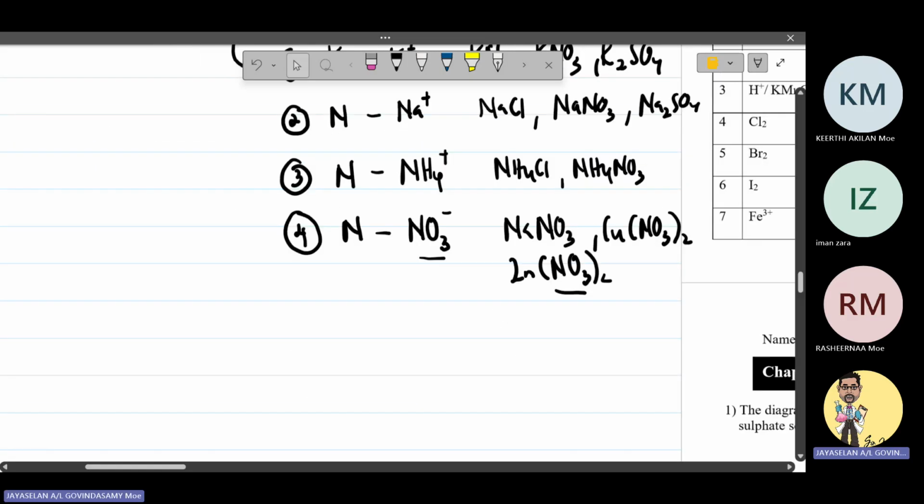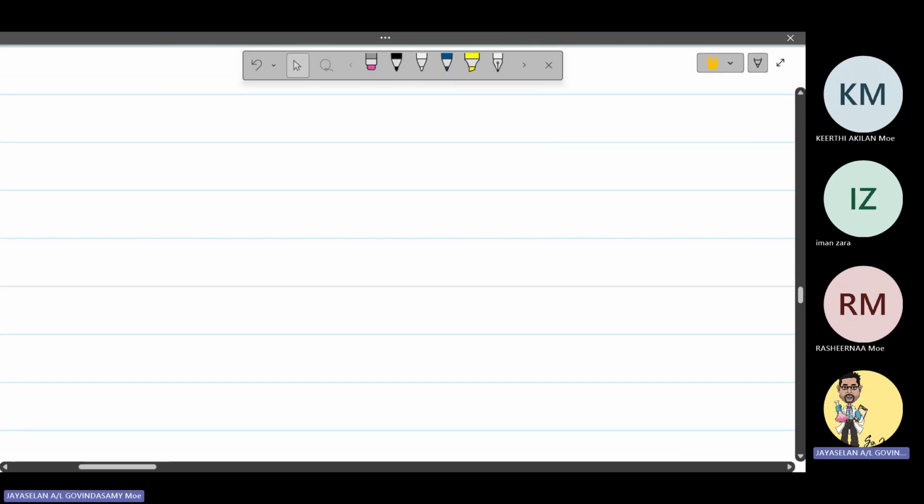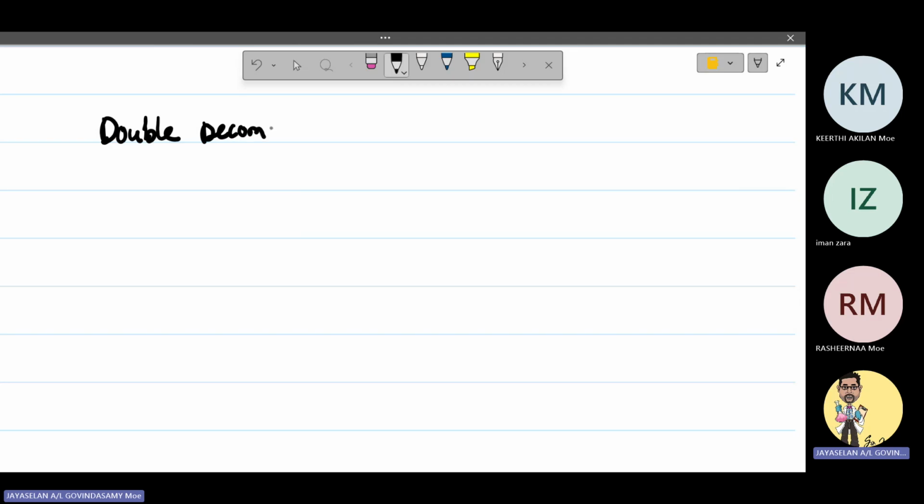Okay, now we do this. So now what is double decomposition? I want you to memorize double decomposition. Double decomposition is a non-redox reaction and is a preparation of insoluble salt. The method is very easy. One soluble salt. Please remember K triple N ion.